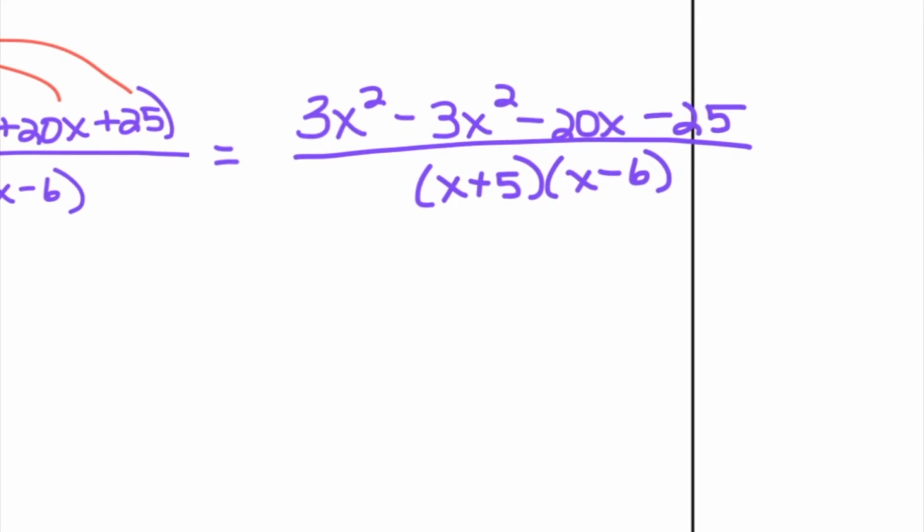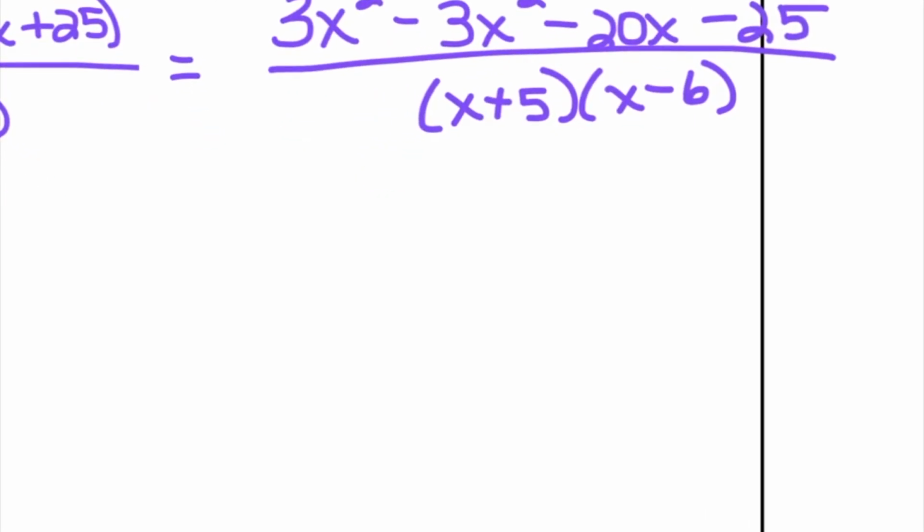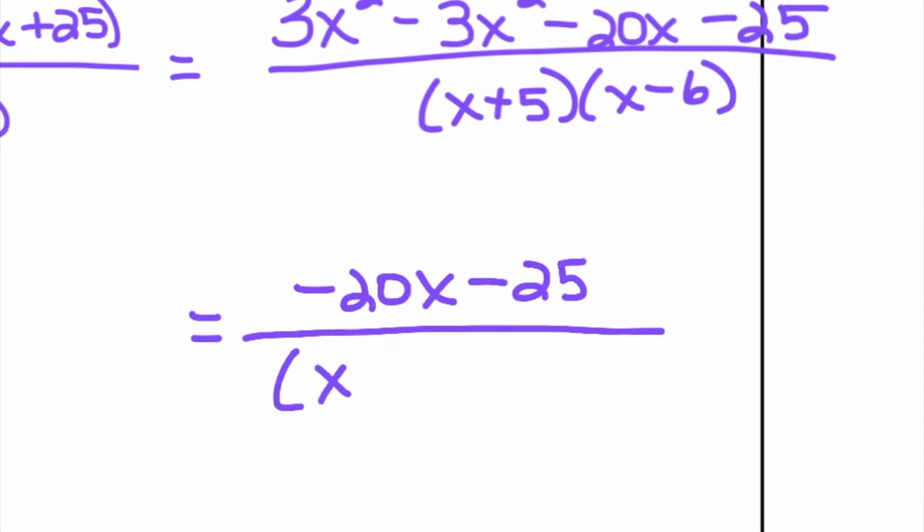What's pretty cool here now is that those 3x squared minus 3x squared is 0, so they cancel each other out, and so my final answer is -20x minus 25 all over x plus 5 times x minus 6.